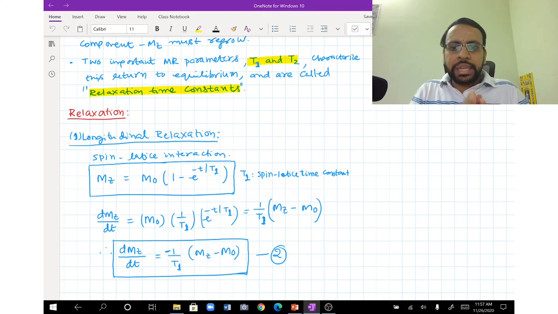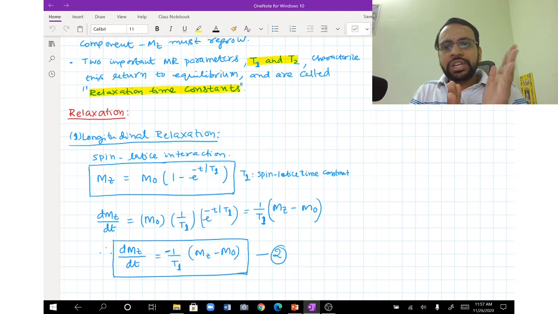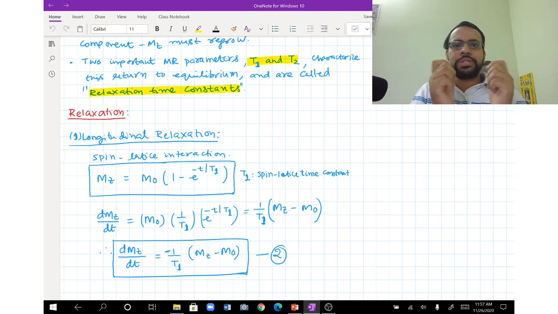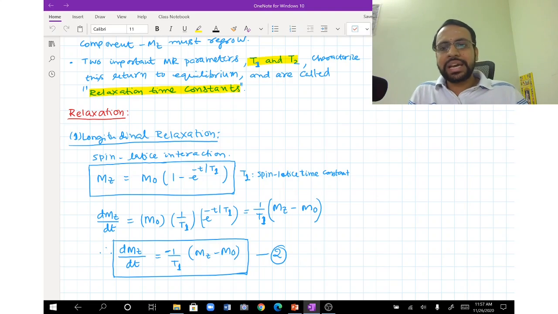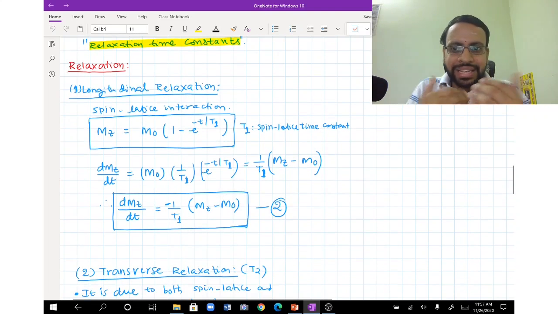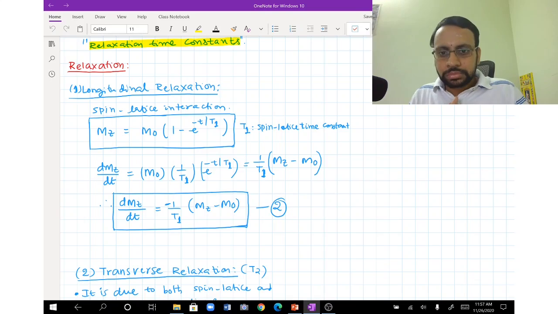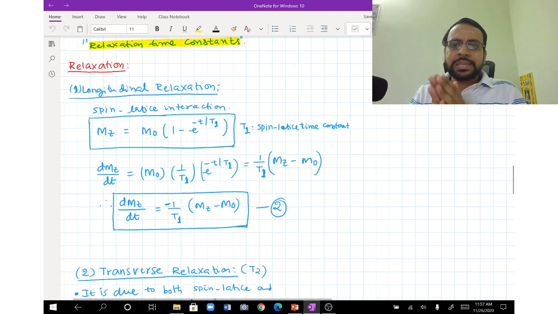This longitudinal recovery is called relaxation, because till then you applied a force and now you withdraw it, so you relaxed it from the magnetic field that you applied in the xy plane. It would come back to its natural state. This is also referred to as spin lattice interaction.